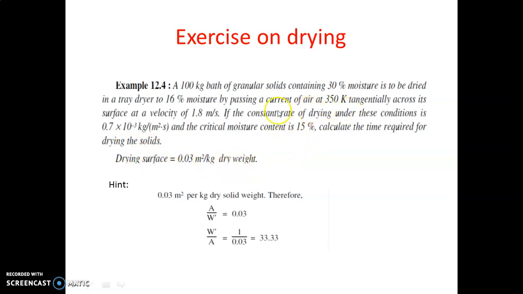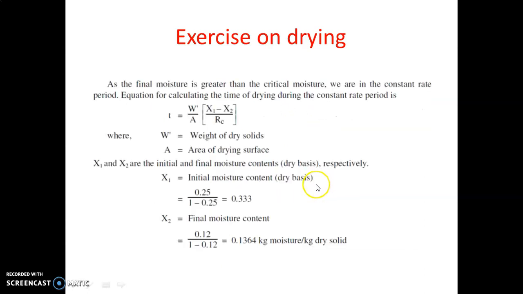In this problem, note that this information, 350 Kelvin temperature and velocity, is additionally given. We don't require this information because we have to use this formula. So here no velocity or temperature is required.